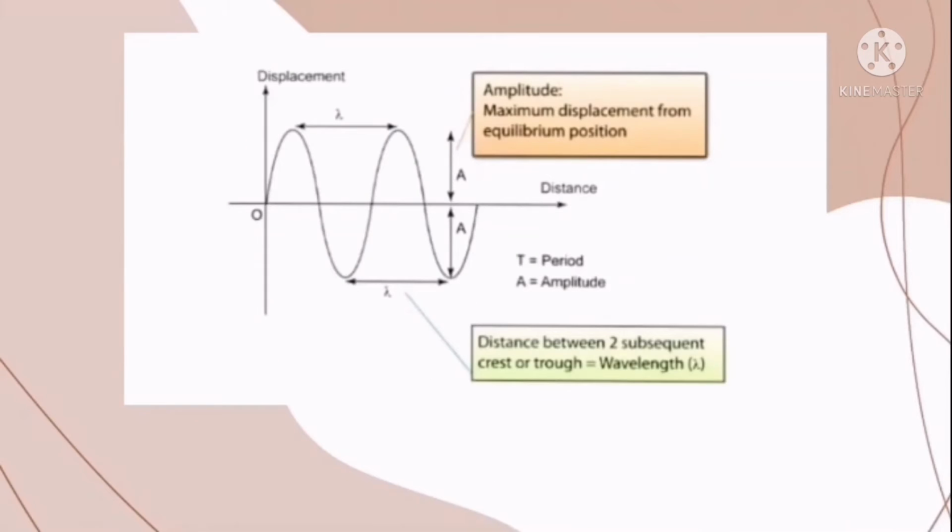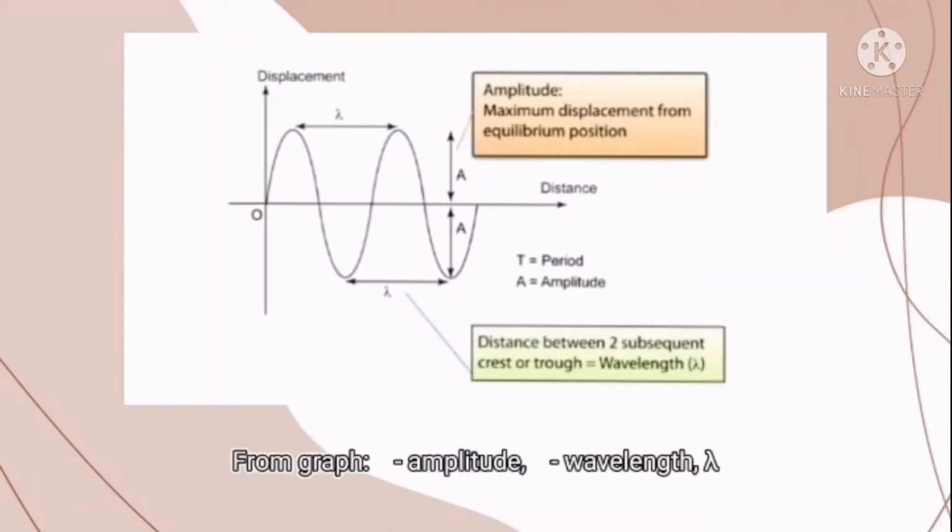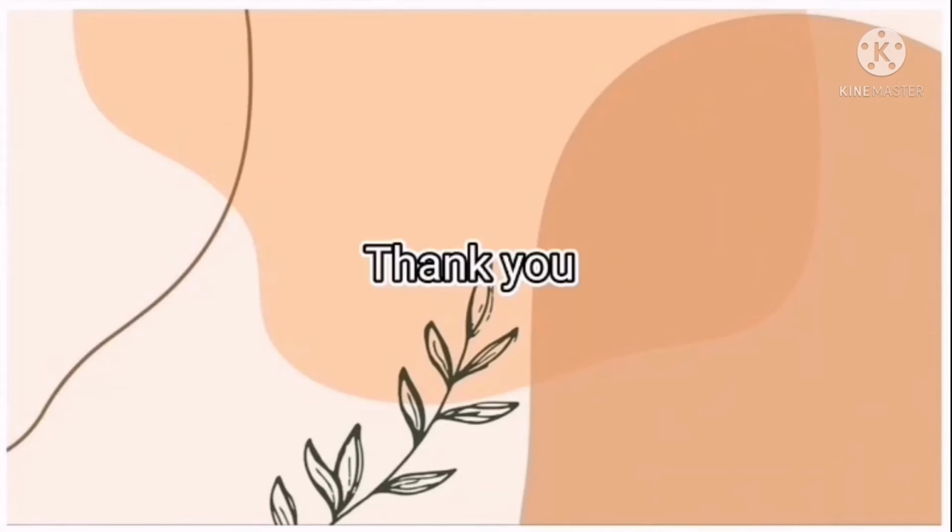Okay, let's move on to the second graph, displacement versus distance. In this graph, we get to know the displacement of all particles in the wave at any particular time. We get to know the amplitude and wavelength from the graph. Okay, that's all. Thank you.